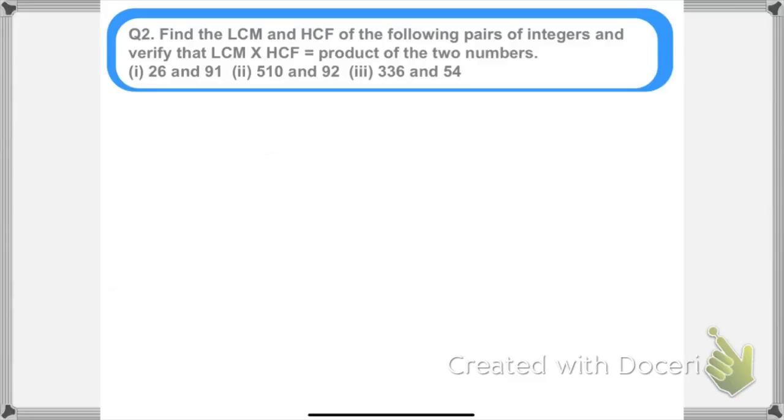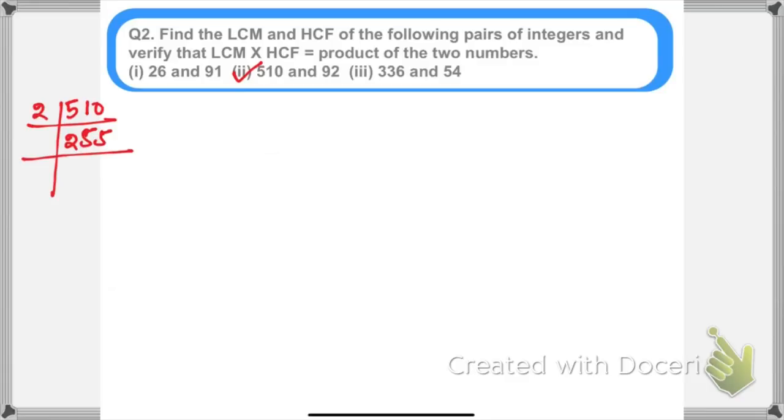So the next question is 510 and 92. So the prime factorization of 510: it is an even number, so definitely it will be divisible by 2. 2 2s are 4, 250 we will get here.